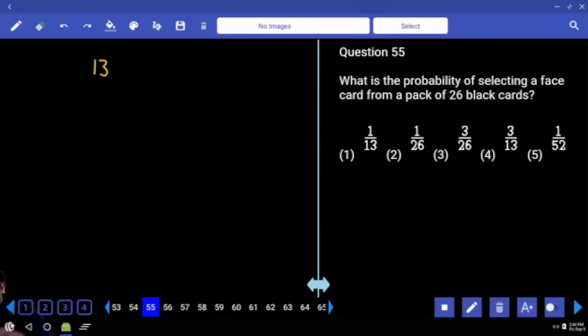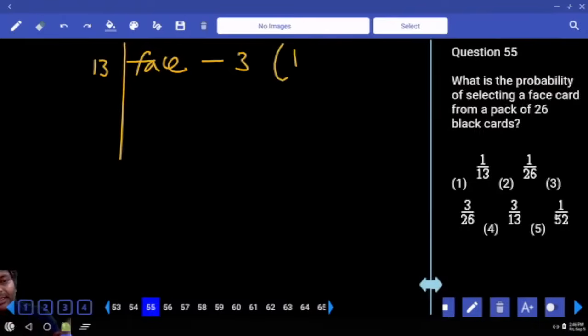How many face cards will be there? 3 face cards. In a pack of 13 cards, there will be 3 face cards. What are they? King, Queen, Jack.